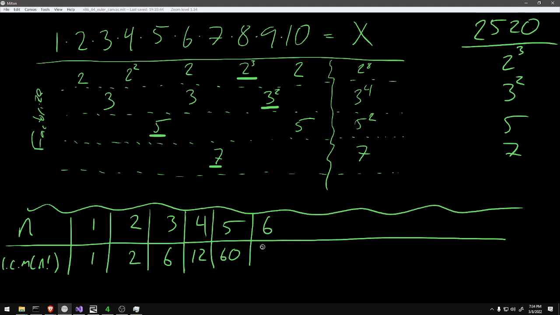This is already divisible by 6, so no change. Put in a 7, and then you get 60 times 7. Let me plug that into a calculator to speed things up. That's 420. I guess this isn't least common multiple of n factorial. It's least common multiple of 1 dot dot dot n.